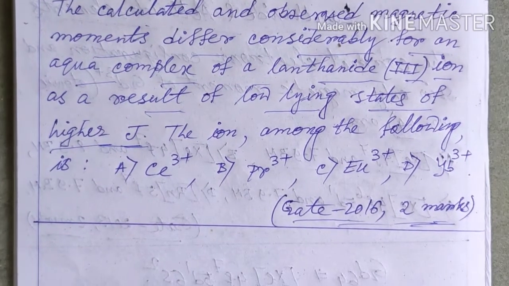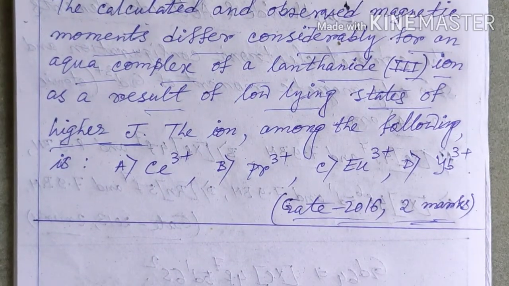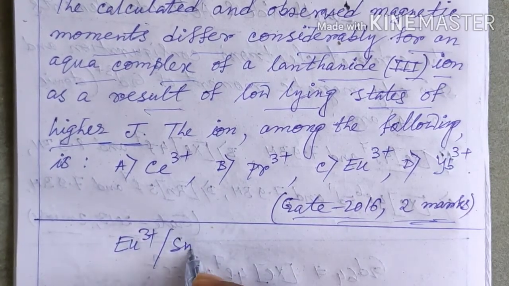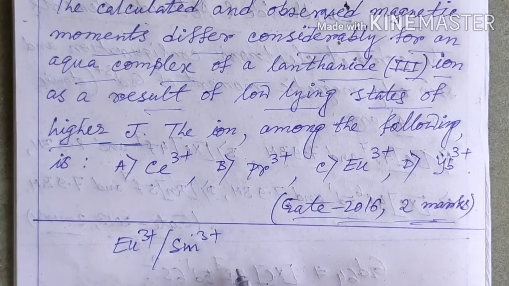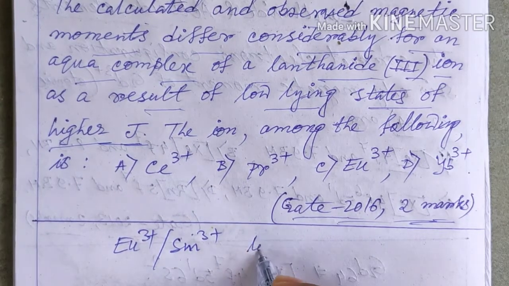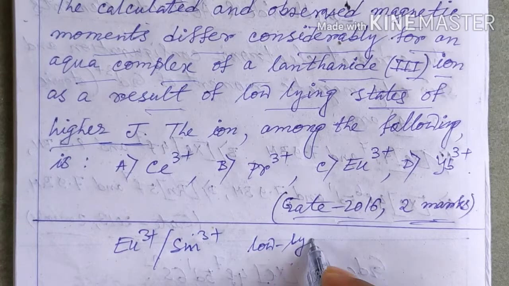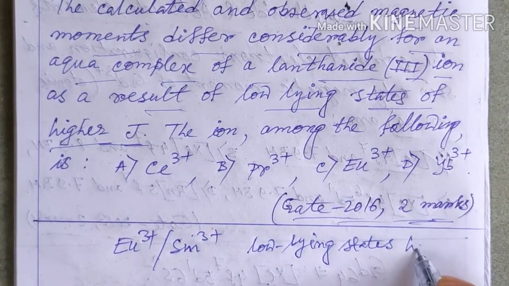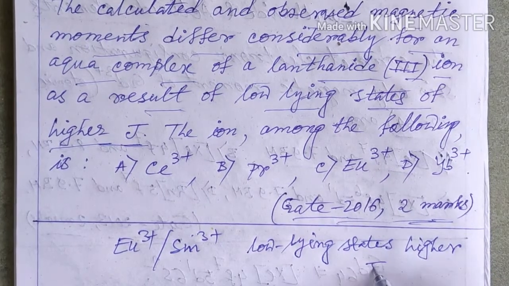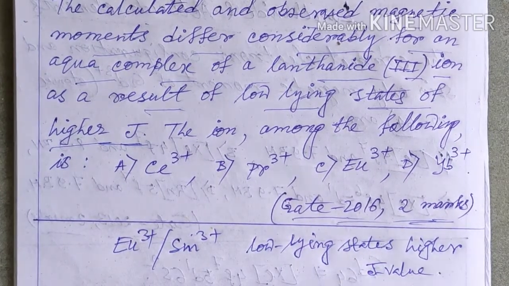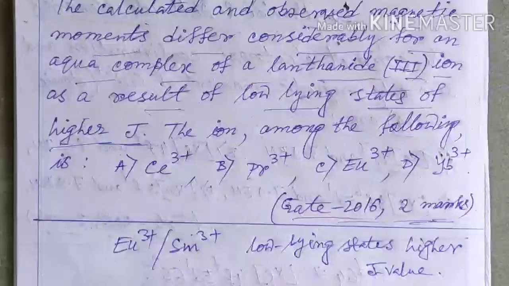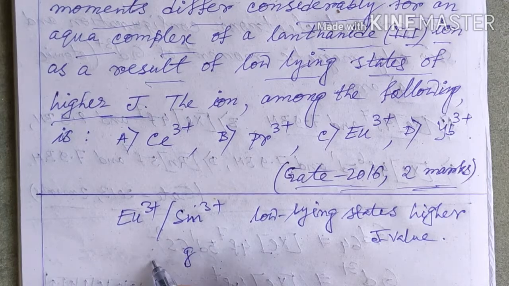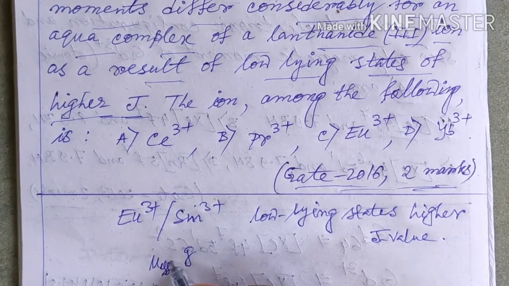I also discussed this concept in my previous lecture, that for europium 3 plus ion and samarium 3 plus ion at room temperature, due to filling of low-lying states of higher J value, the observed magnetic moment is greater than the calculated from the Landé equation.